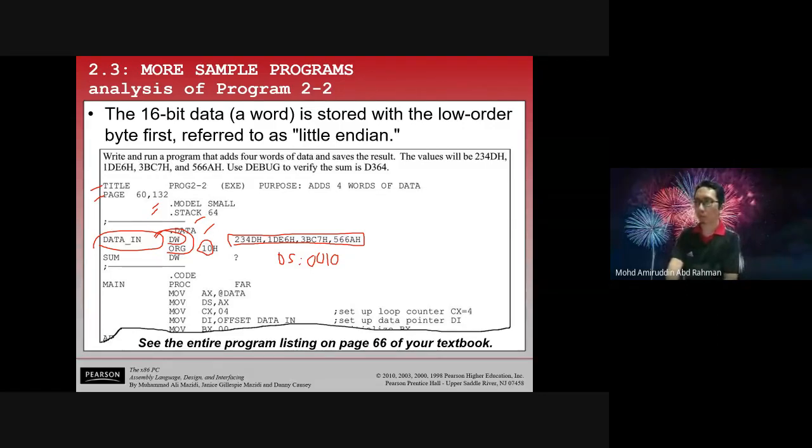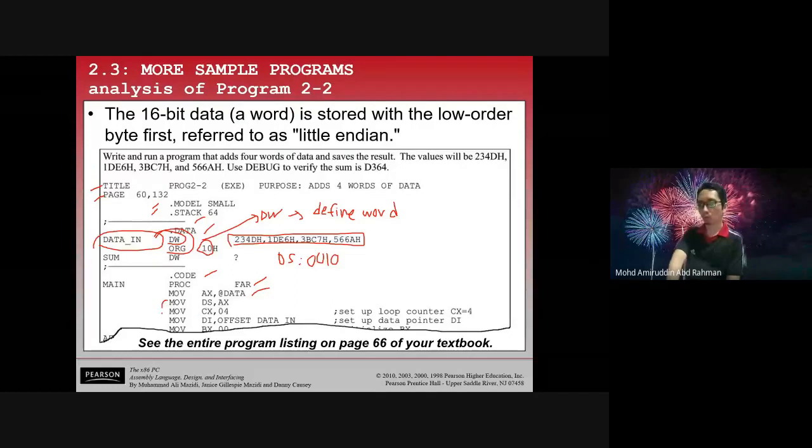So we have here DW, which means define word, because now it is a word, because we have 16 bits of data. Of course, our sum will also be in terms of DW, and as usual, we put the question mark there. And then this is a common one, and this is also a common one, and that is also a common one.